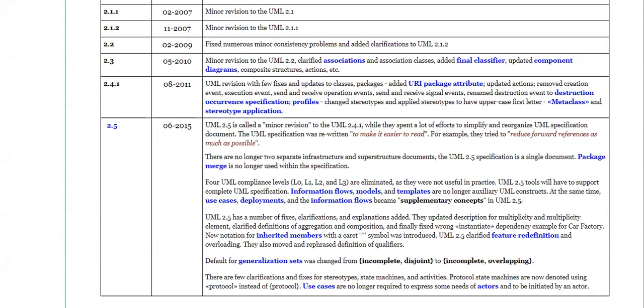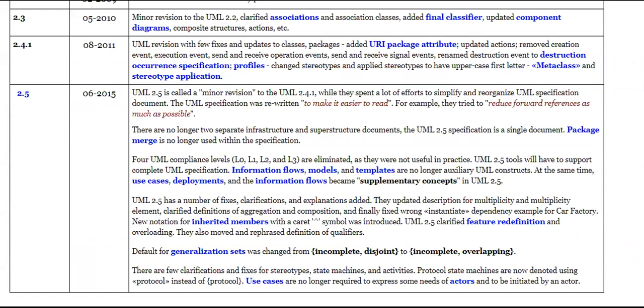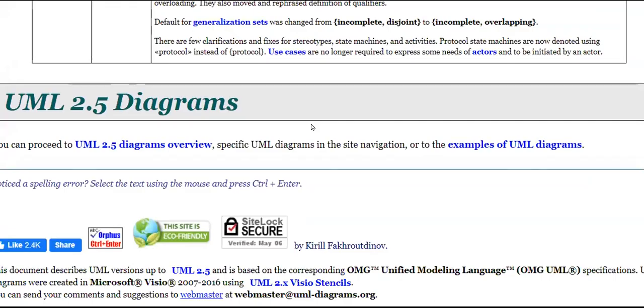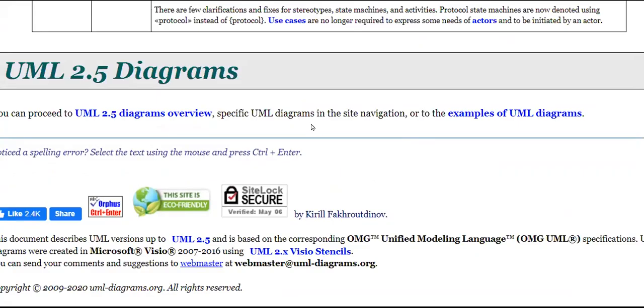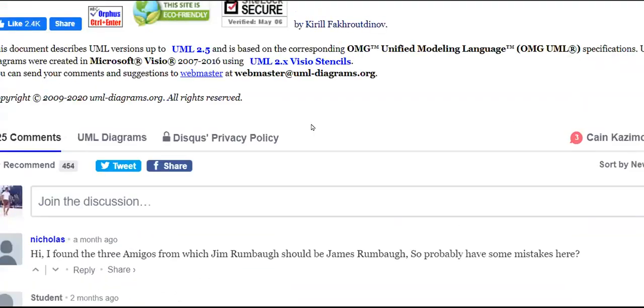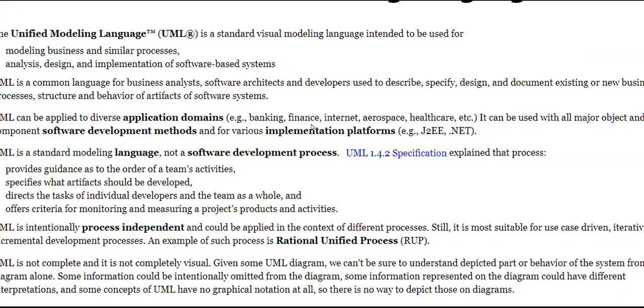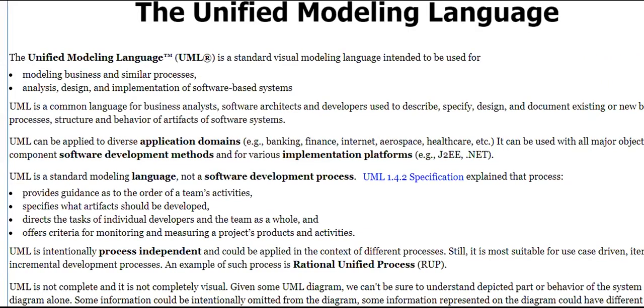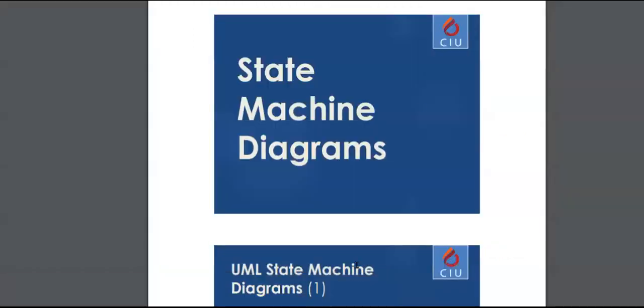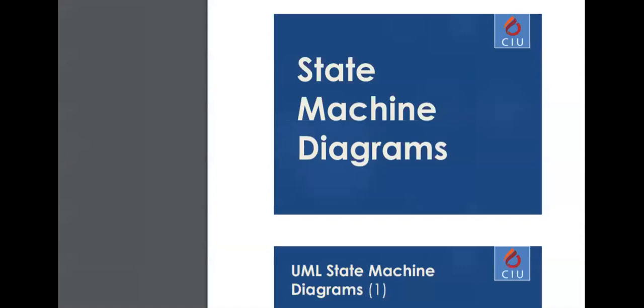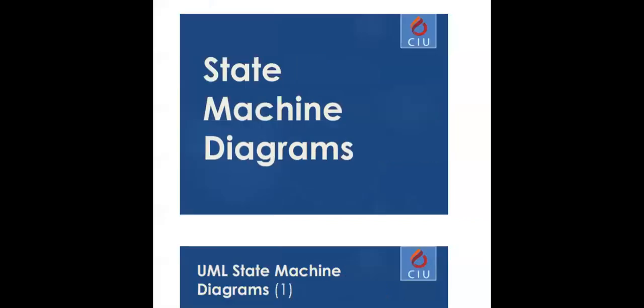So the last version, 2.5, which is the one that we are using, was released in 2015. A new version is on the way. I read in some articles that they are doing a new version of it, and maybe new diagrams will be added. We'll see what happens when this version comes.